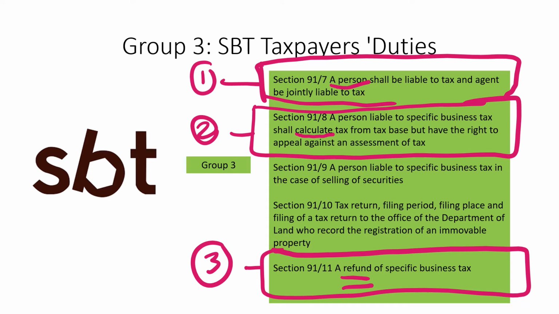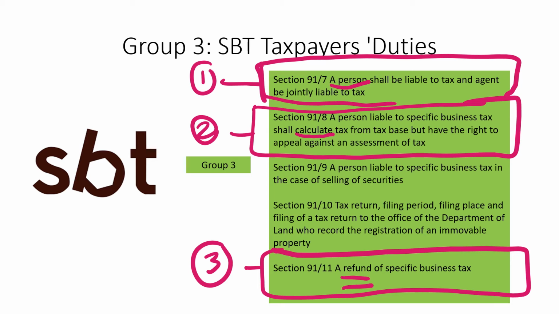Actually, section 91/8 just provides a general method for calculation, but there are 2 specific businesses that need to be calculated based on a special method, which are the case of selling security and the case of sale of immovable property.